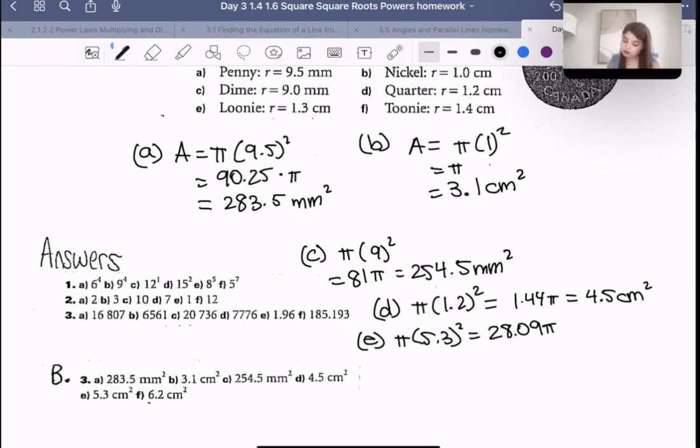I'm not sure. That is not right. E says 1.3, not 5.3. Let's fix that. So 1.3 squared is 1.69 pi, which is equal to 5.3 centimeters squared.